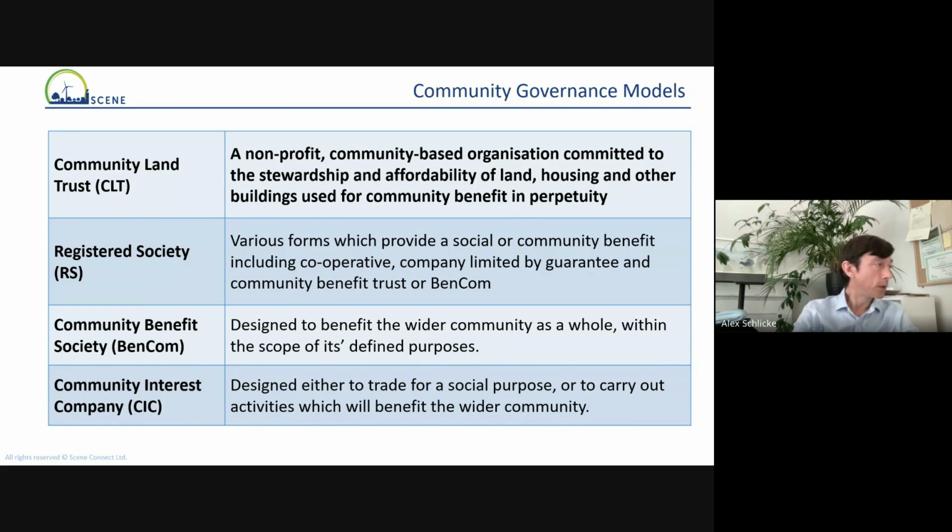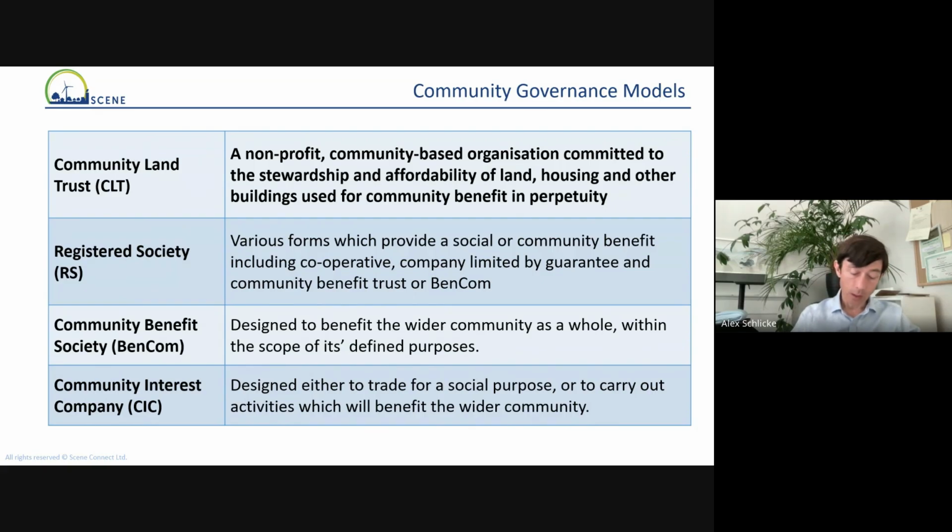So just a sample of some community governance models, and I don't really want to dwell on this too much. I'd rather have people share the details of their own organizations, and perhaps some rationale as to why they selected that particular governance structure for themselves.